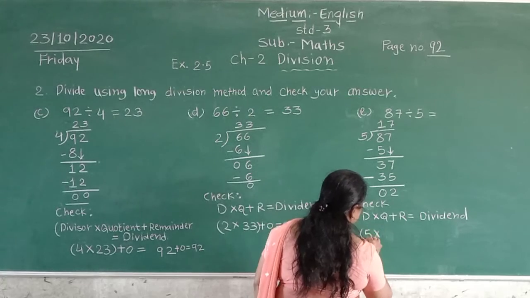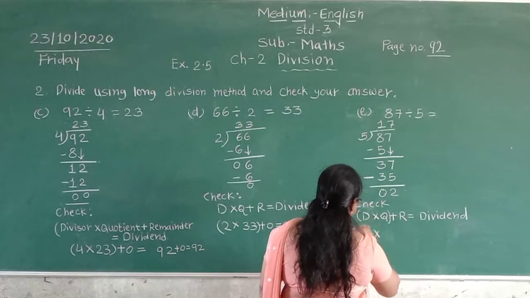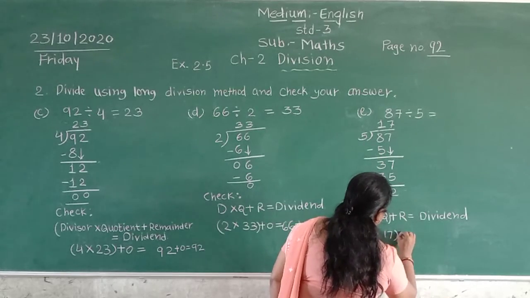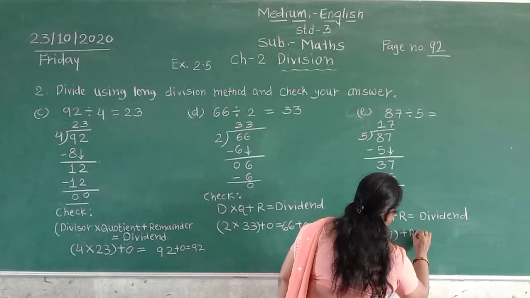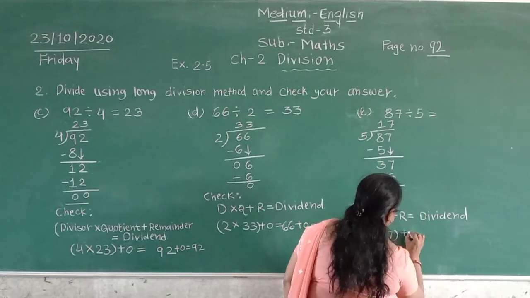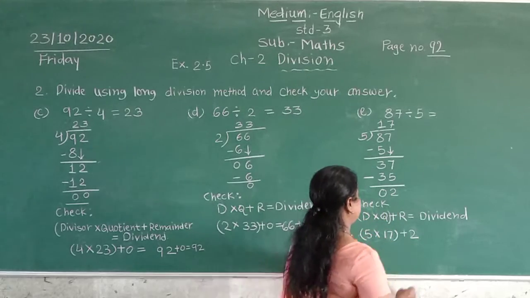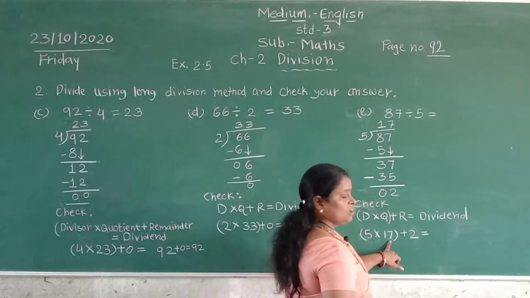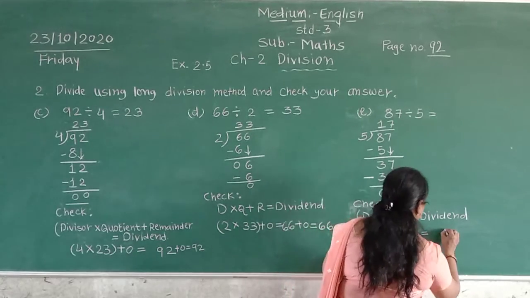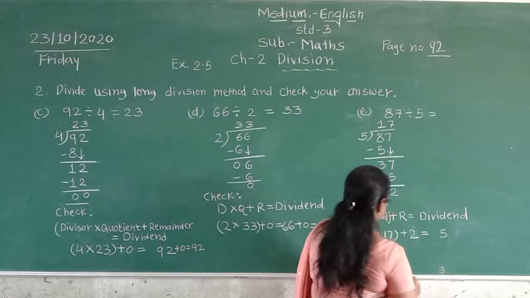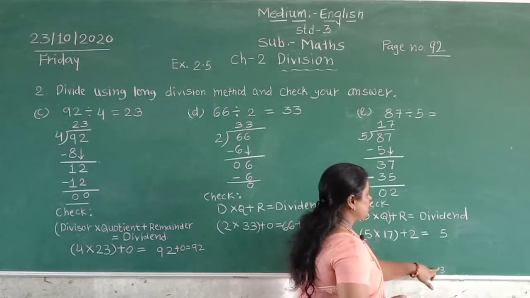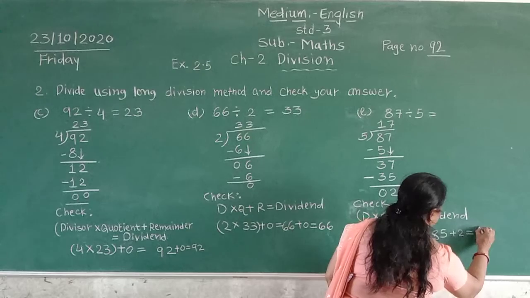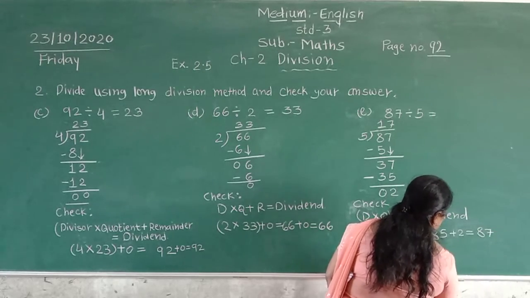Divisor multiply 17 plus remainder, which is 2, and here 5 sevens are 35. 5 3s, carry over 3. 5 ones are 5. 5 and 3, 8. 8 plus 2 equal 87.